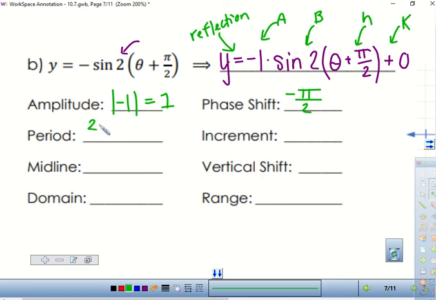Now my period is 2 pi divided by my B, which ultimately comes out to be pi. My increment is my period divided by 4. My midline is y equals k. Vertical shift is just k.